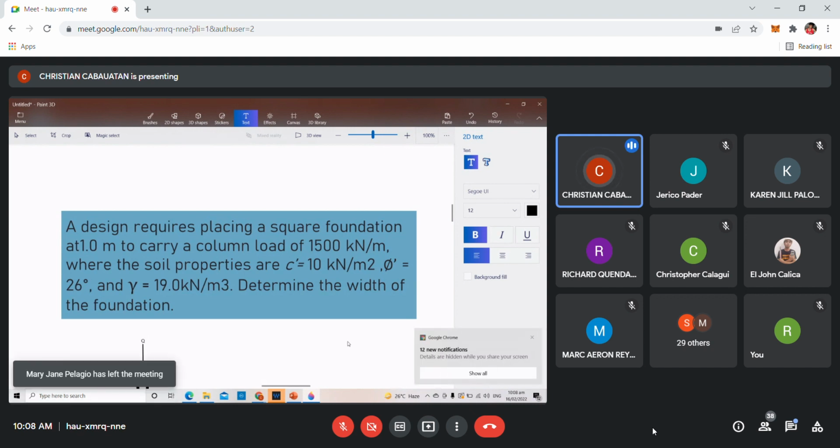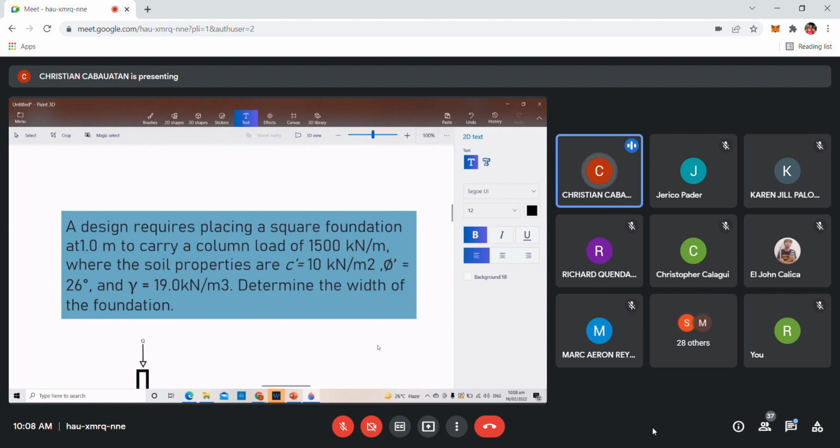Question, what equation or what failure we would use? Ano yung failure na gagamitin natin for this specific problem? Anyone? Engineer Palataw. Ano yung ating gagamitin na failure for this specific problem?